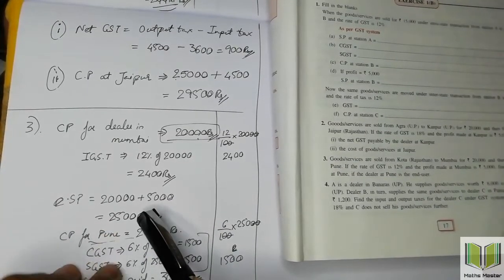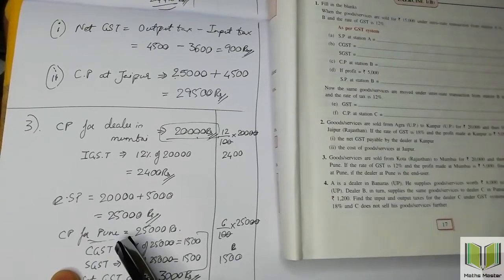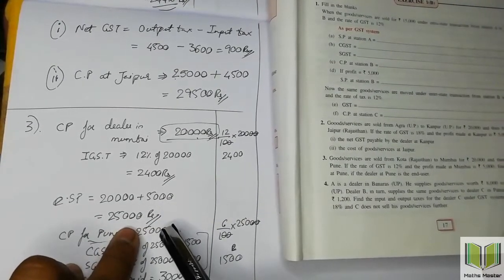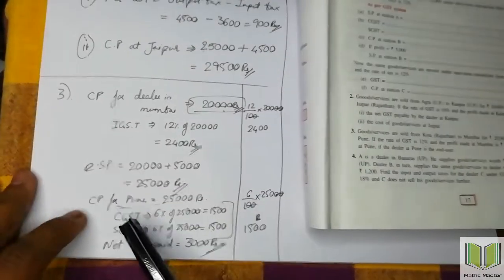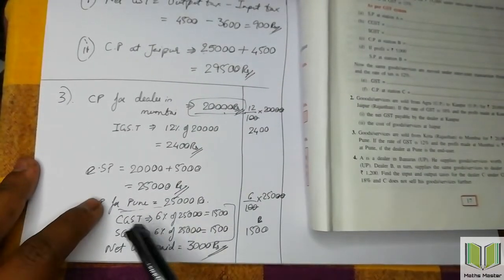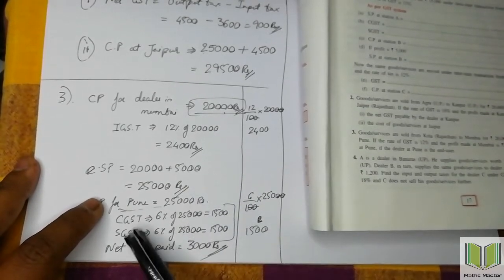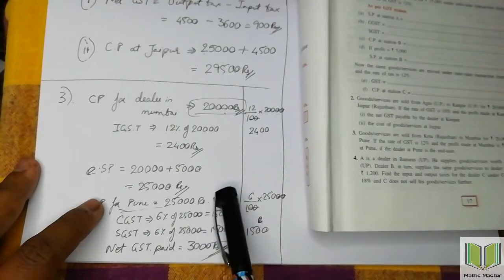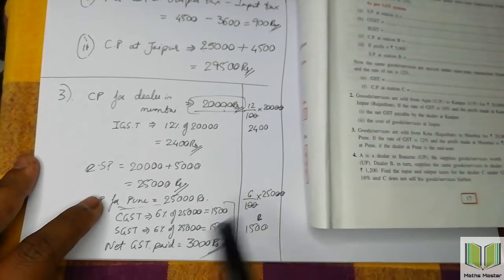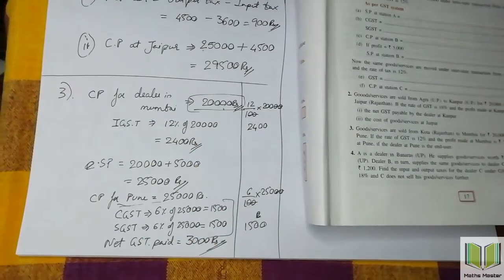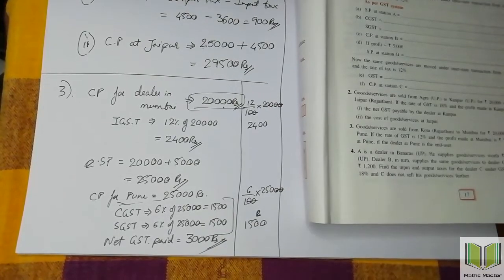Find the input and output taxes. So the cost price for the dealer C in Patna will be equal to 9,200 rupees. On top of 9,200 rupees, since it is interstate, IGST will be calculated. 18% of 9,200 will give you a certain answer, and that will be the input tax paid by the dealer C. When he is selling it, he'll be getting the output tax.